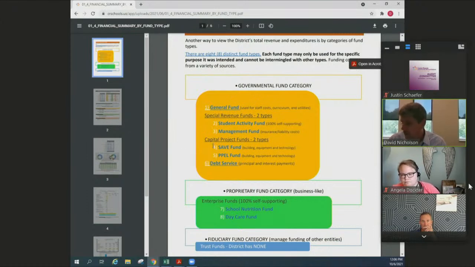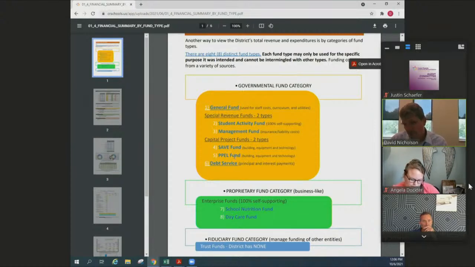Capital projects funds, we have 2 of those. SAVE is a sales tax revenue fund that can be used for building, equipment, technology, buses, and those types of things. PEPL is a physical plant and equipment levy, and that can be used in the same way as SAVE.